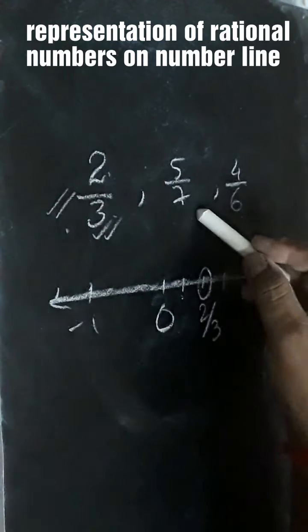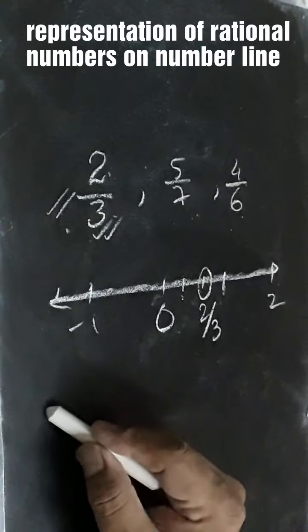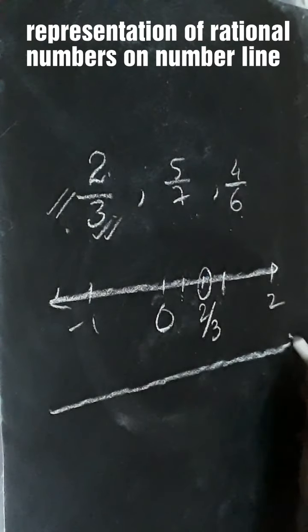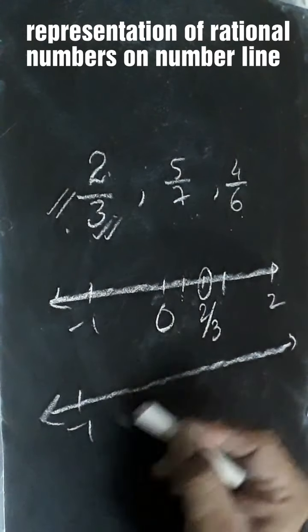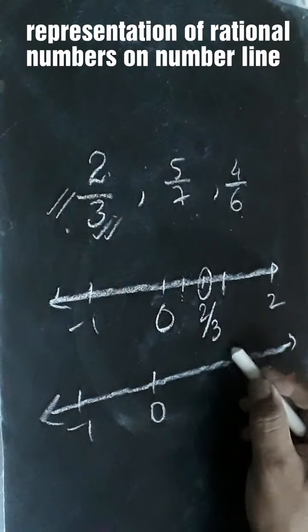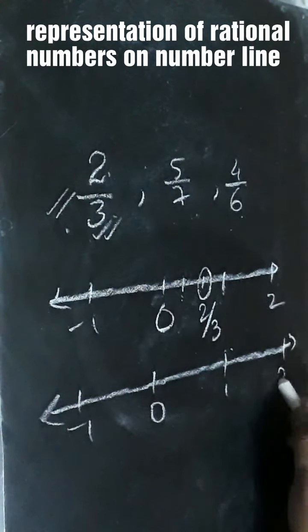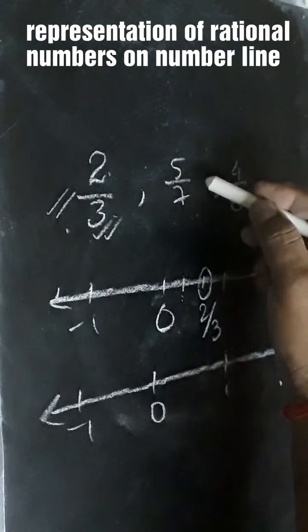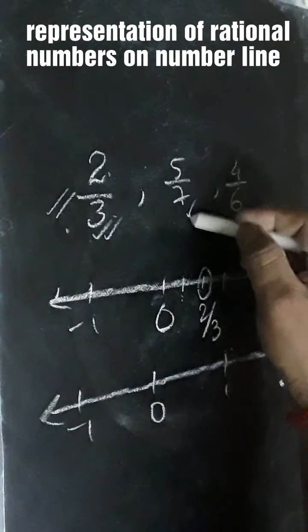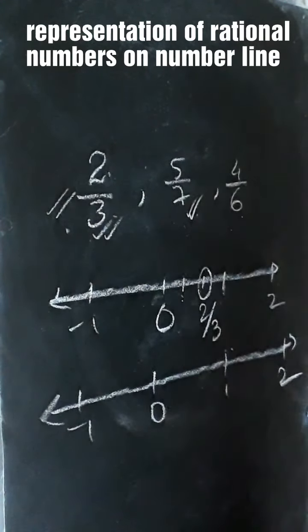Now we are taking 5 by 7. -1, 0, 1, 2. Again, as I said earlier, this will also lie between 0 and 1.